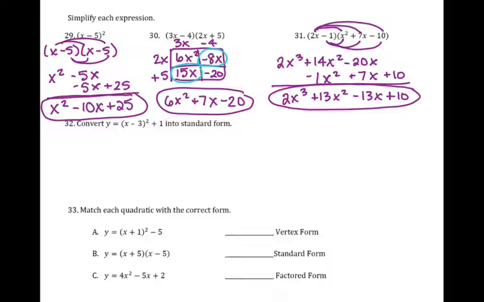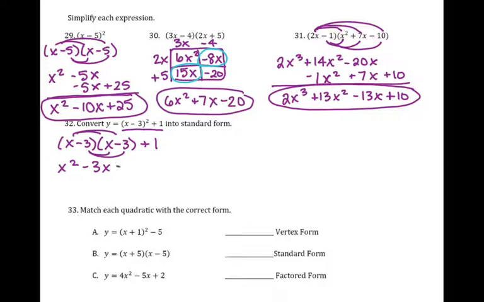32, convert this vertex form into standard form. I'm actually going to start by rewriting this expression to x minus 3 times x minus 3 plus 1. I'm going to go ahead and work through that distribution first. So x times x is x squared. X times negative 3 is negative 3x.